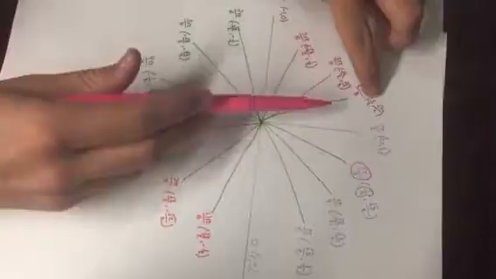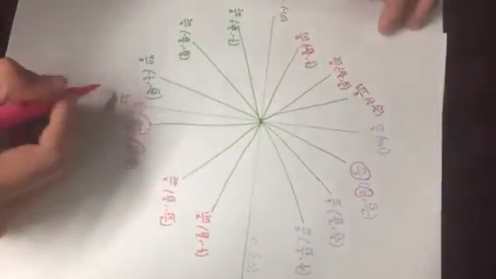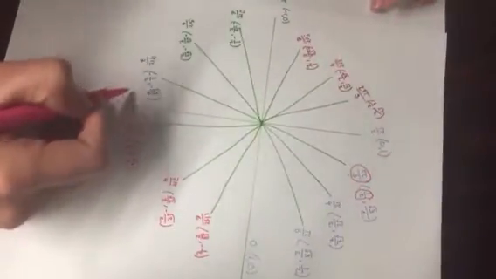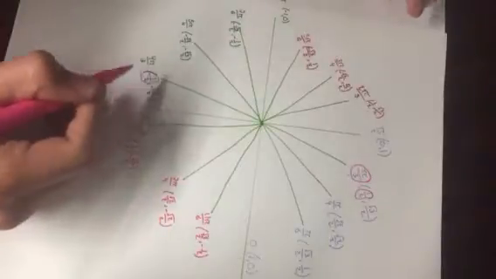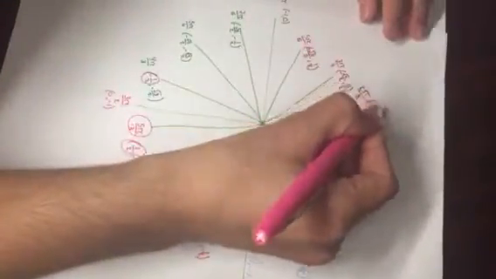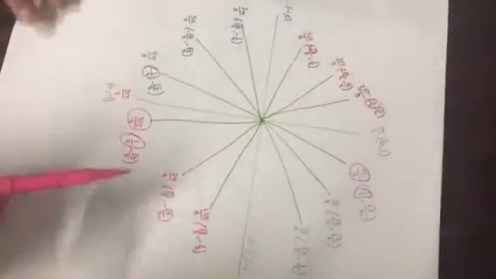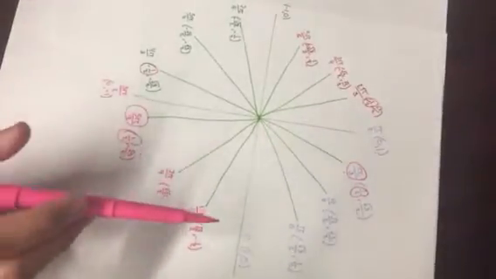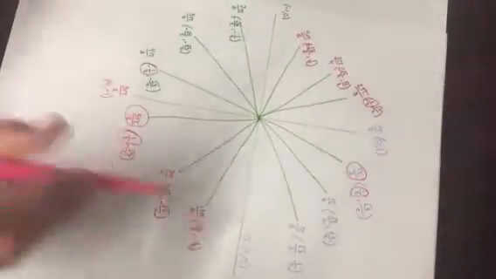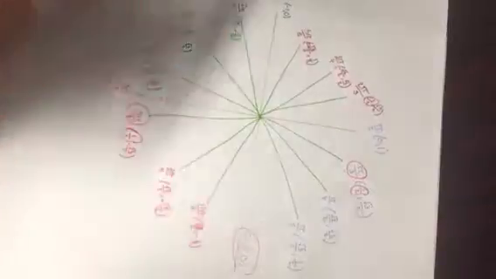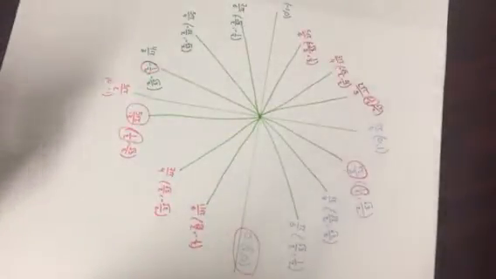In these two quadrants it couldn't be because x is actually negative 1/2 and negative 1/2, so that would not work. And cosine x is equal to 1 right here at the first spot on the unit circle, which is 0.